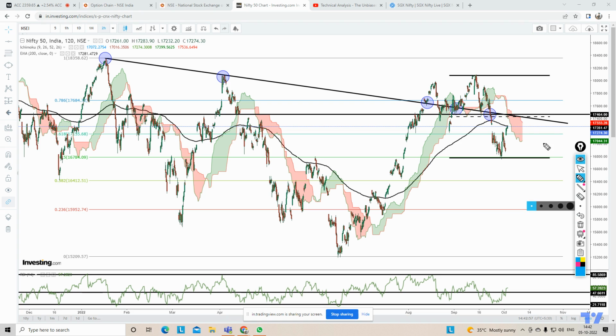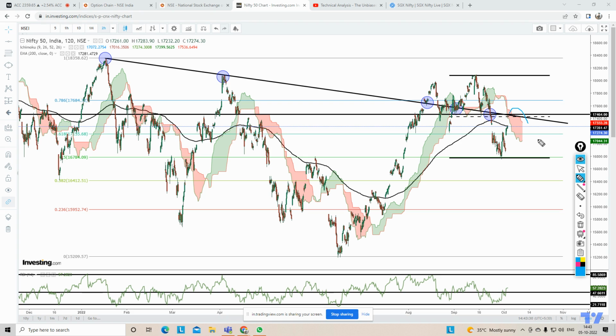So if price gives the breakout above the cloud and sustains above the trend line, then we can say yes, there is a possibility of sustaining the price above this trend line. Whenever in the future we see the price breaching and closing down below this trend line, I would personally recommend not to go long that particular day, or on the closing of that particular day, with respect to the BTST.